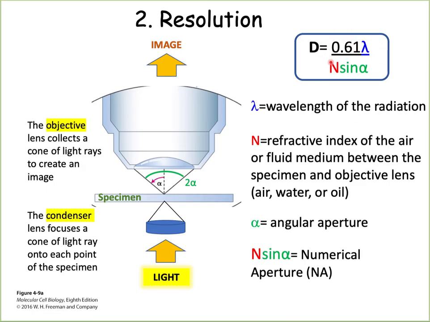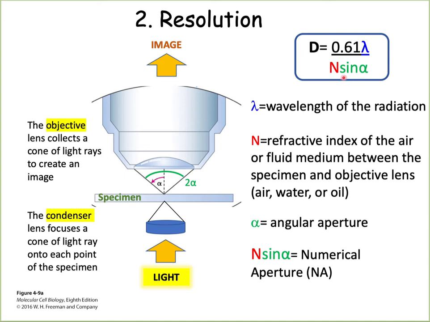So here is the formula for resolution. The resolution is directly proportional to 0.61 lambda, or wavelength, where the 0.61 is actually a constant in this formula, and the resolution is inversely proportional to the value of the numerical aperture, or n sine alpha.